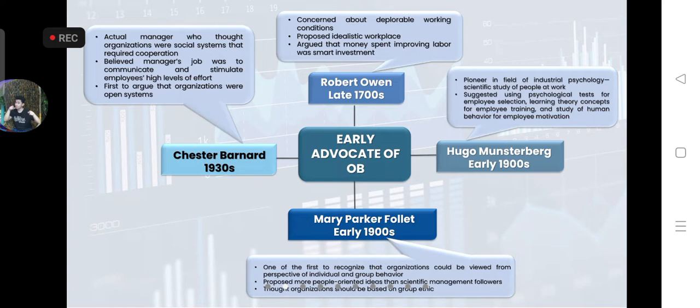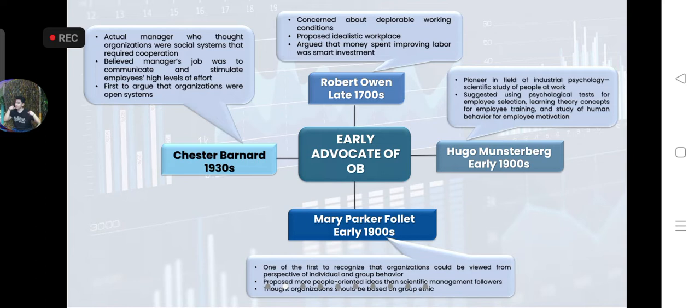So the last one is Mary Parker Follett in the early 1900s, one of the first to recognize that organizations could be viewed from the perspective of individual and group behavior. Also, she proposed more people-oriented ideas than scientific management followers and thought organizations should be based on group ethics.